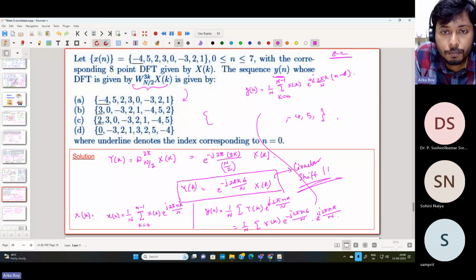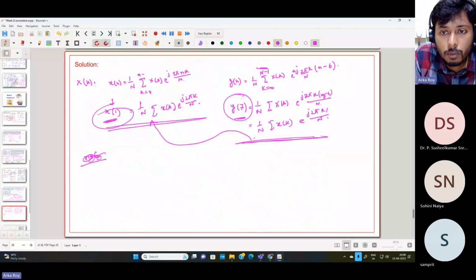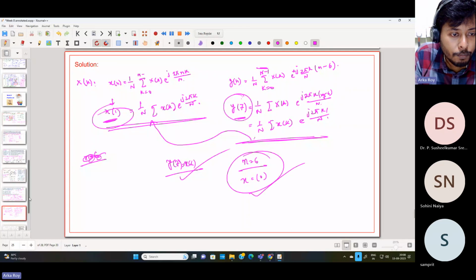That means over here you will get the following samples like 0, and then you can put in suitable values over here. For example, for y[7] we have got x[1]. Likewise, if you put n equals, let's say, 6, you will get x equals 0. So in this fashion, you will get the other values.